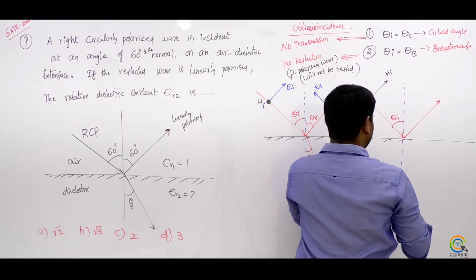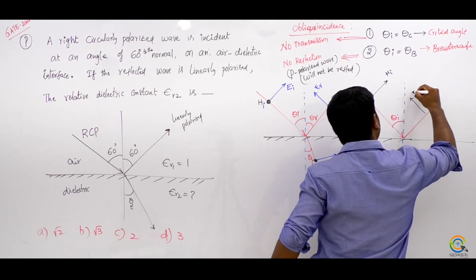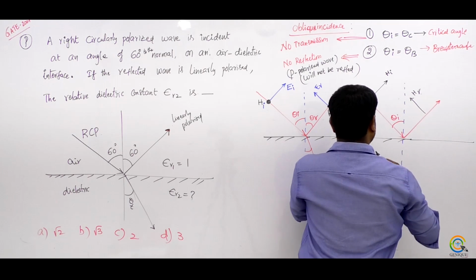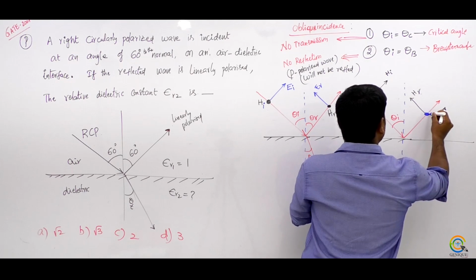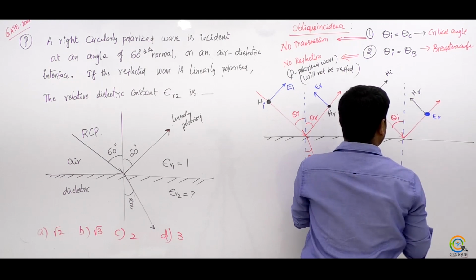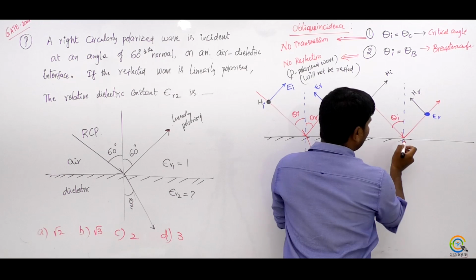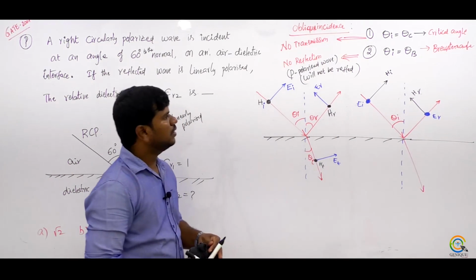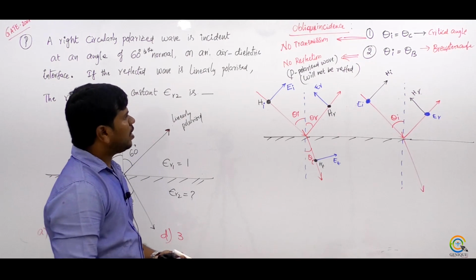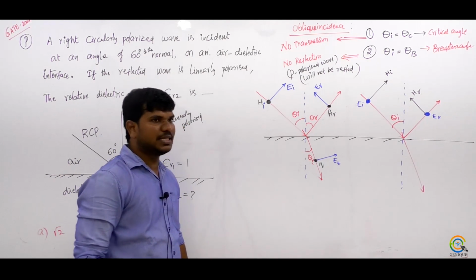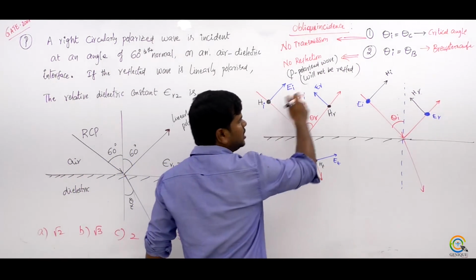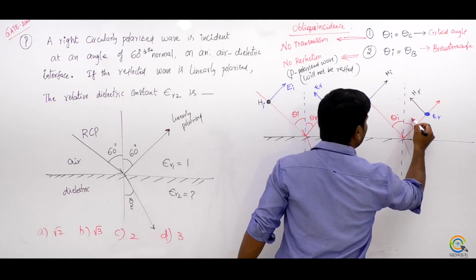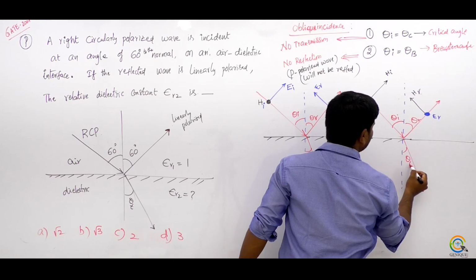This is HT, HR, and this is ER, and some portion will be transmitted like this. This is theta R, theta T.